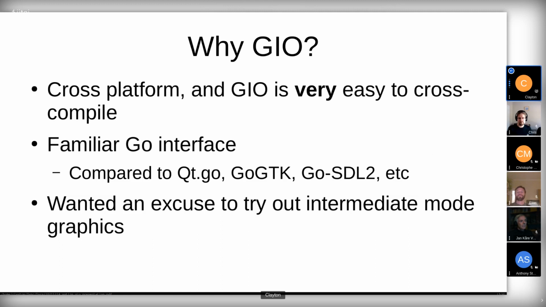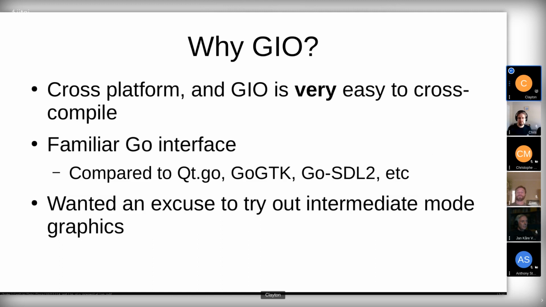Another interesting bit was, because I may not get this exactly right describing it, the interface that Gio uses just feels like it's just another Go library and not a library that's native to some other language that's kind of bolted on.